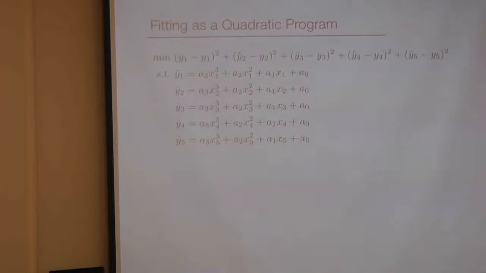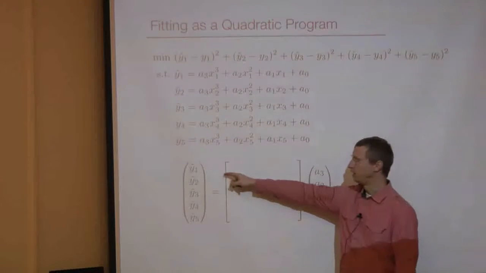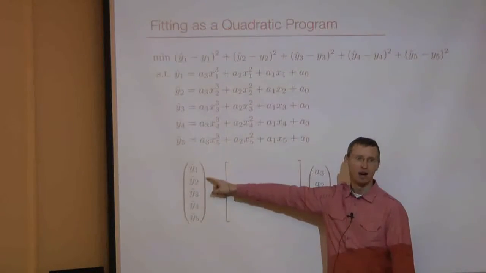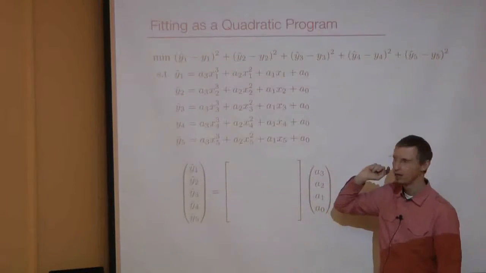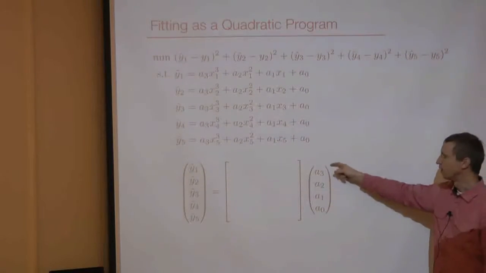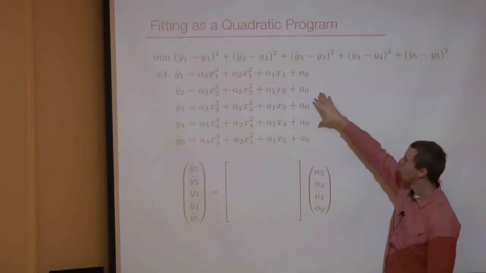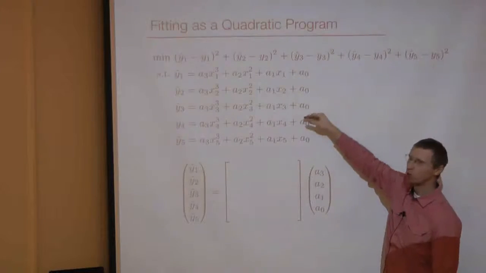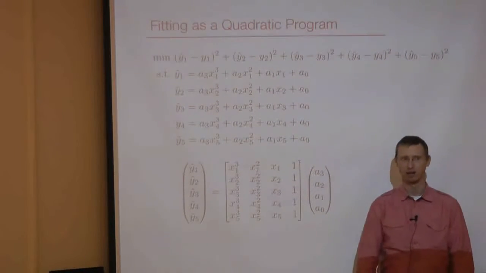And the general way is based on writing a matrix representation of the fitting problem. So essentially what we do here is that we aggregate the vector of estimates. These are the function values produced by the fitting function. Here we have the unknown coefficients that we would like to find, and we just rewrite all these equality constraints into this form, so we just put in the corresponding multipliers.